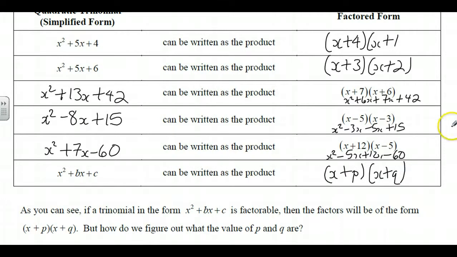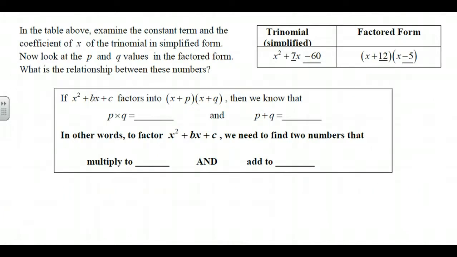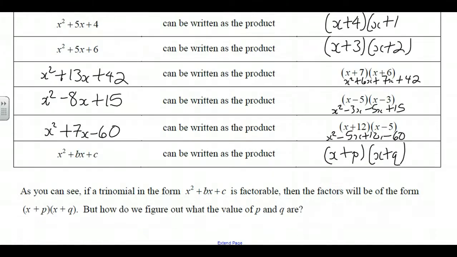Now, what happens when we expand x plus p times x plus q? Well, let's just do it down here. You multiply that out, you FOIL it, you get x squared plus qx plus px plus pq.